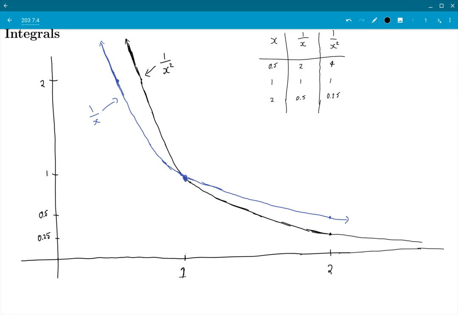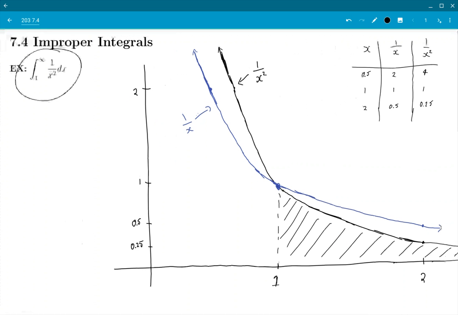And the kind of area we're trying to find is this area here, which appears, at least in some sense, to be going on forever. So we're trying to find that area with this integral up here.